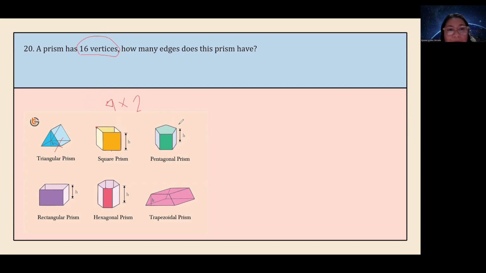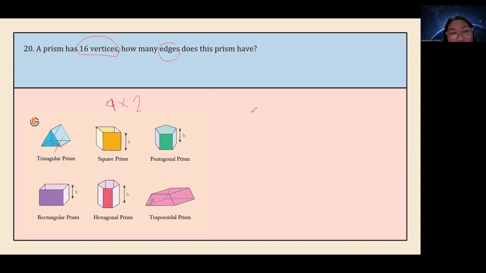Okay? So now from here we can get the number of sides of our base to get the edges.